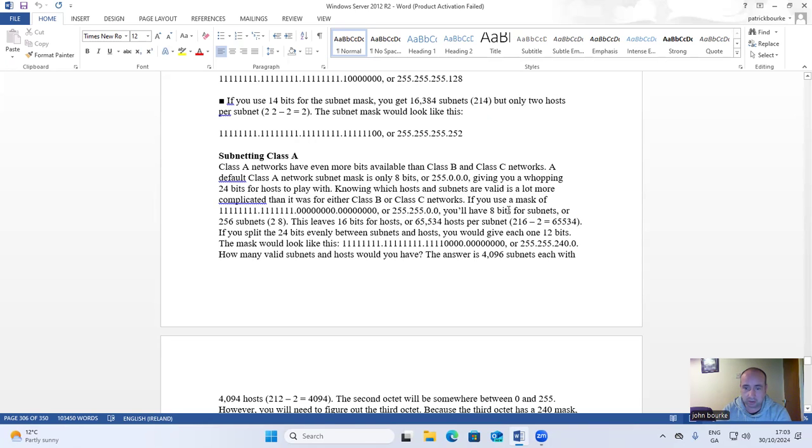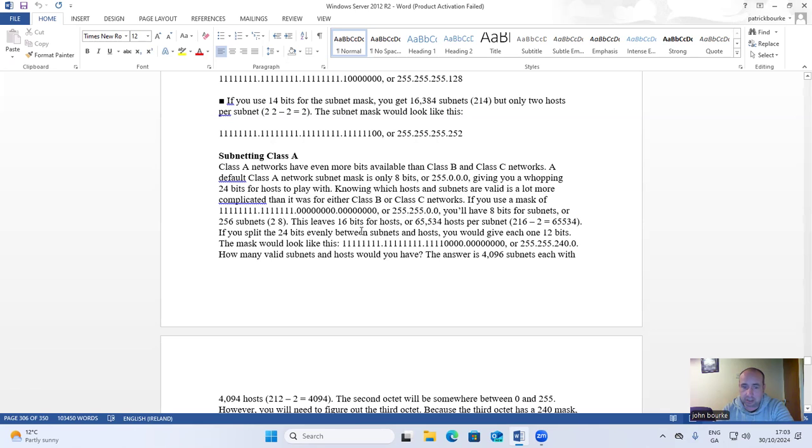If you use a mask of 11111111.11111111.00000000.00000000, or 255.255.0.0, you'll have 8 bits for subnets, or 256 subnets (2^8).